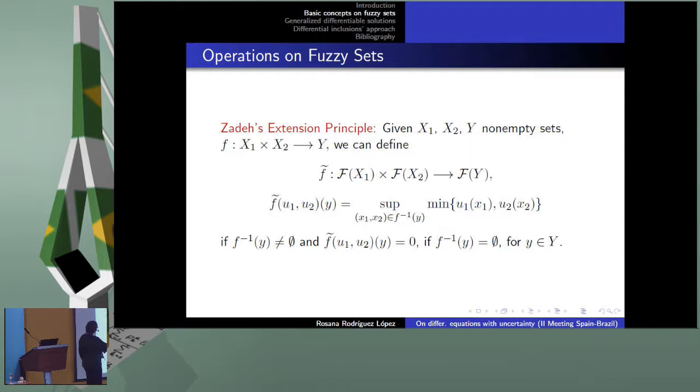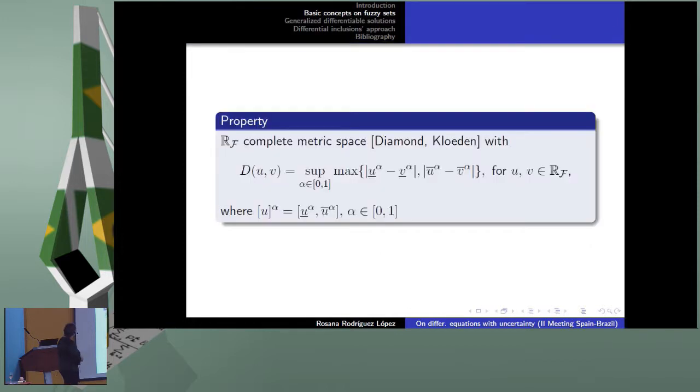Here you have the extension of x2 to the fuzzy context, and here on the right you have the extension of y to the fuzzy context. And with this supremum of the minimum of the values of y1 and y2 in the pre-images of a fixed y, if any, and 0 in other case, you can extend any function to the fuzzy context.